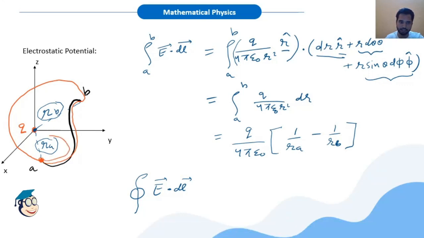You can take this path, you can take this path, anything you want. Okay, so initial position was RA and final position would also become RA. So 1 over RA minus 1 over RA will become 0. So closed line integral of E dot dl is equal to 0.